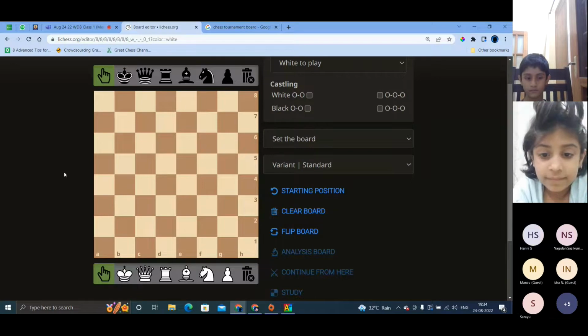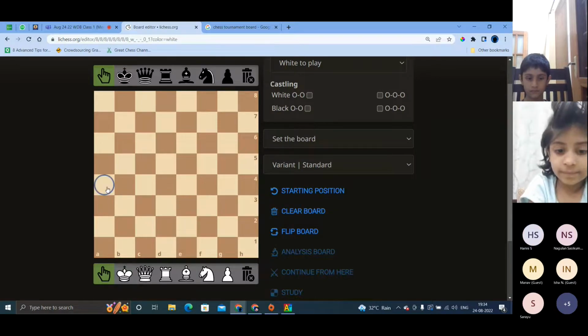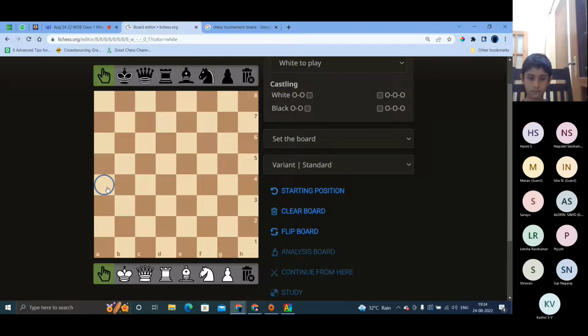Okay, after Kashvi, Leksha, try for this square. A4 light square, ma'am. Very good. This one, E1 dark square. Very good. Manav, H8 dark square, ma'am.